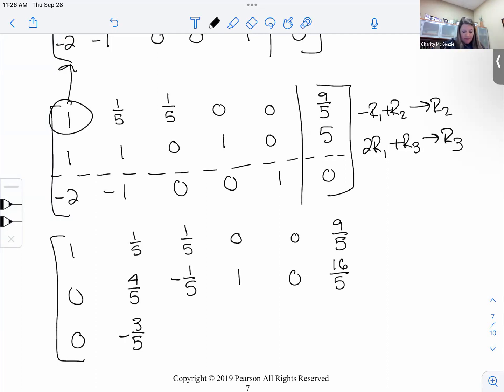So 2 times 1/5 is 2/5 plus 0 is 2/5. And then 0 times anything is 0 plus 1. And then 9/5 times 2 is 18/5 plus 0. So that's 3.6 or 18/5.